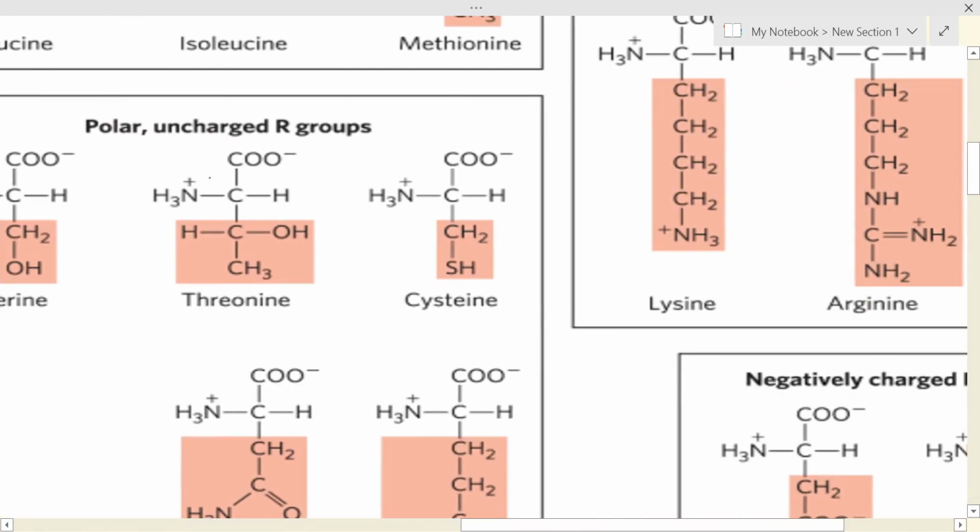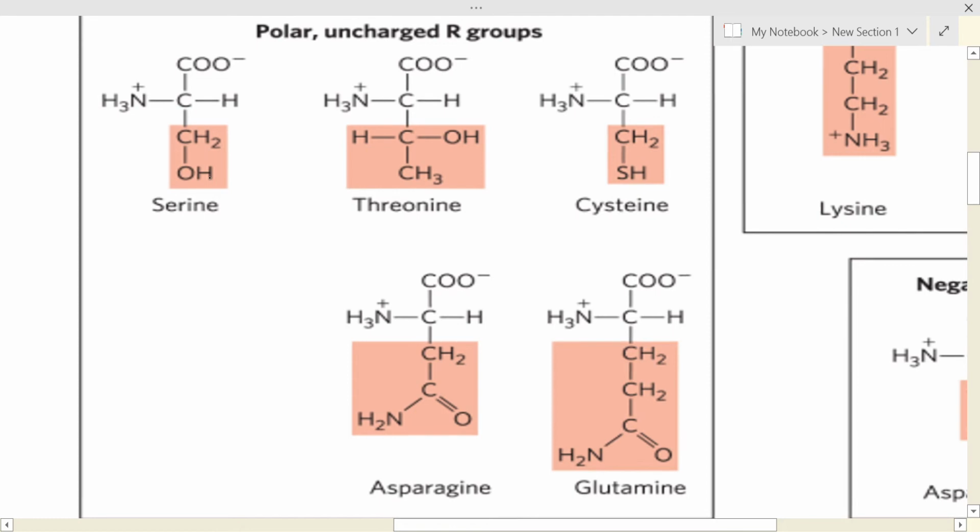Now let's move on to polar uncharged R groups. For polar uncharged R groups, we have serine, threonine, cysteine, asparagine and glutamine. Uncharged because the R group has no charge, positive or negative. So serine, as you can see, has the OH group here which can be polarized, so it is polar in nature.